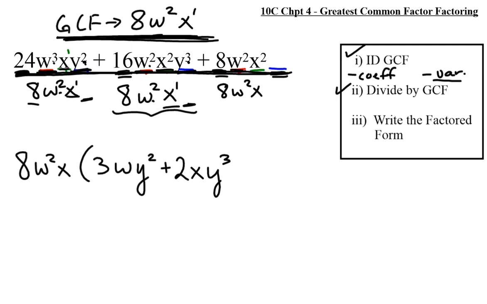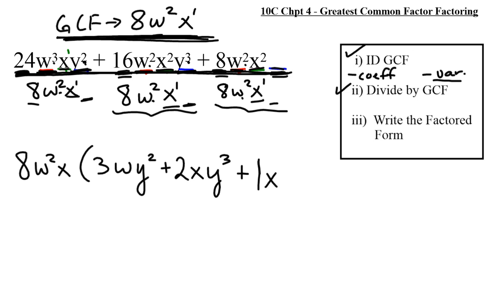And the last one, third time, 8 divided by 8 is a 1. W squared divided by w squared, 2 minus 2 is 0. Sorry, it's a w0. My bad. So there is no w. X squared divided by x1 is x1.